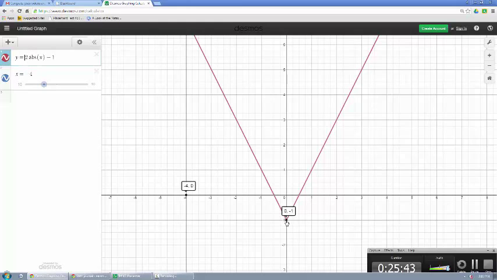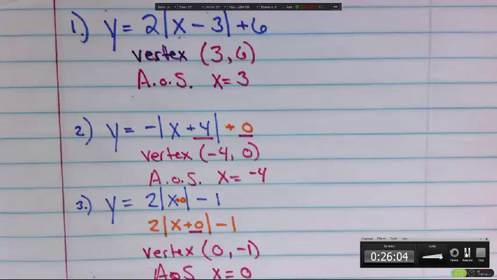And it's opening up by a factor of 2. So if we check this, how do we get from the vertex to the next point? The next point is at 1, 1. So it goes up 2, right 1. And then the axis of symmetry is at x equals 0. And we get a vertical line that runs down the middle of the graph. So that means we've done our problem correctly.